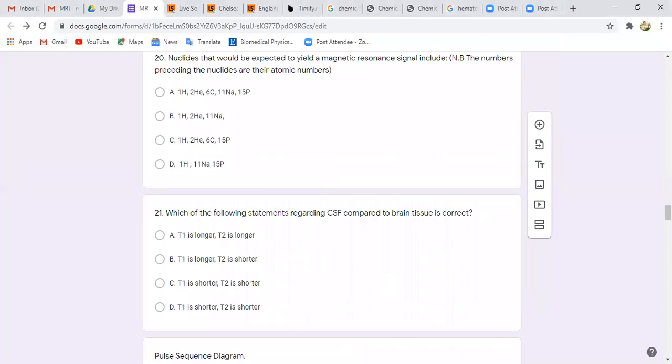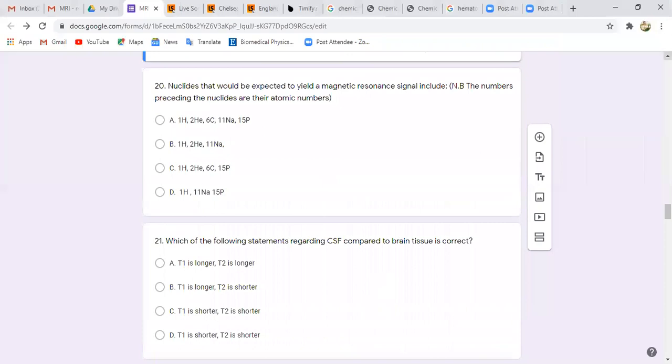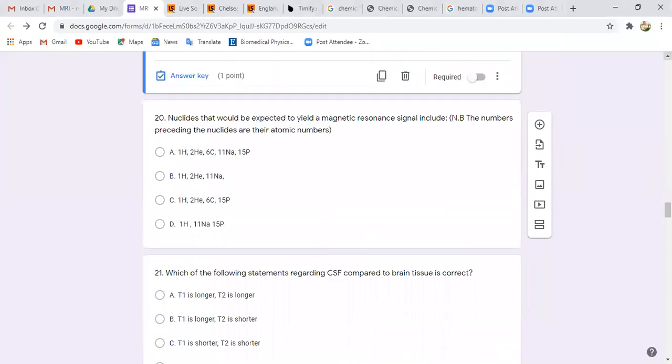And nuclei that should be expected to give a magnetic resonance signal. We have a series of nuclei: hydrogen, helium, nitrogen, sodium, and phosphorus. Which of these can be used in MRI? D. Of course, straight up.